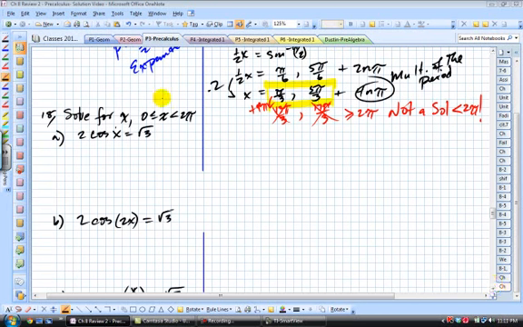Now I'm going to switch from sine to cosine. Alright, so let's go ahead and give that a shot. So we have 2 cosine x equals root 3. That means cosine x equals root 3 divided by 2. Cosine is positive in quadrants 1 and 4, so we have a quadrant 1 solution and a quadrant 4 solution.